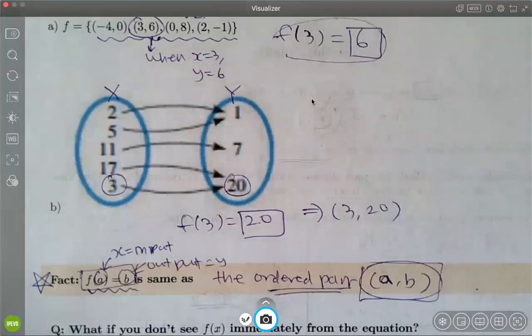Okay. So now, before I let you go, has anyone tried the exam 1 review problems? Yeah? Has anyone come across any issues or questions? Not only from the review problems, but from any of the materials that we have learned in chapter 1 and 2.2, which is about the circles.